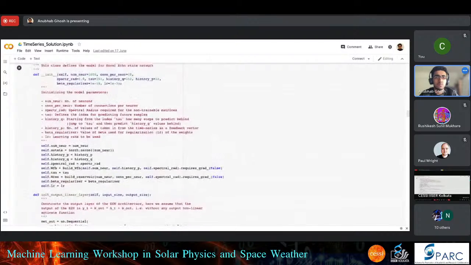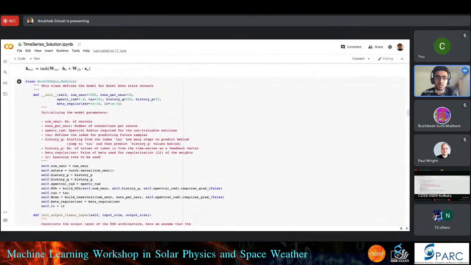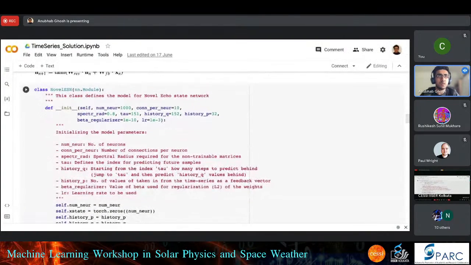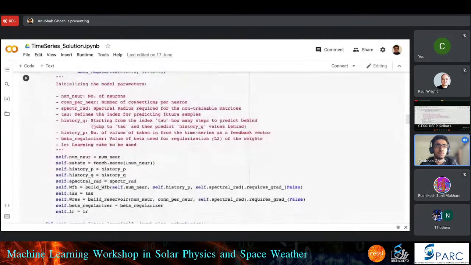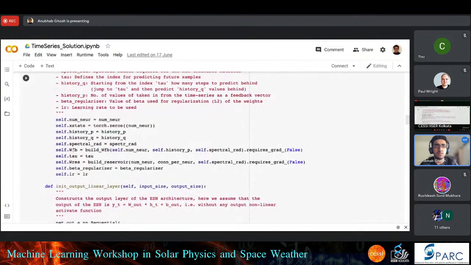Once you fit the echo state network here, you have a class called NovelESN. This is a class inheriting from nn.Module, which means it's a PyTorch module, so it can be trained using the normal PyTorch framework of optimization. In this one, we are defining the feedback matrix and the reservoir matrix.